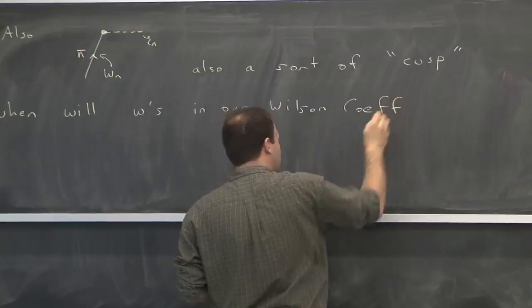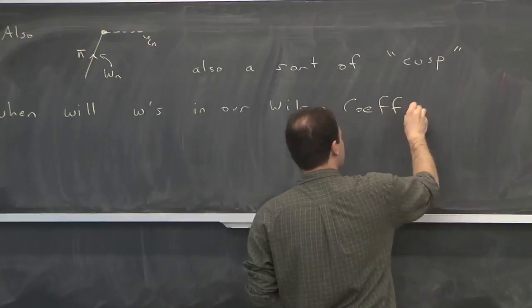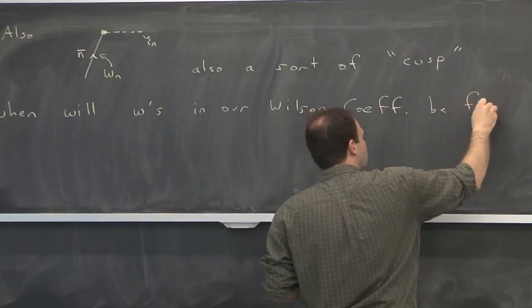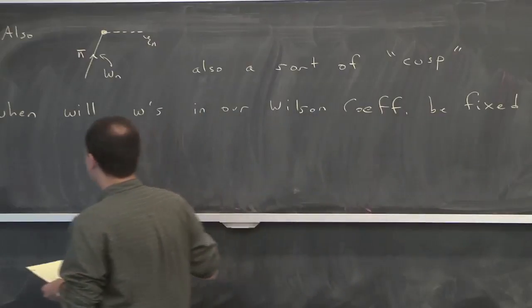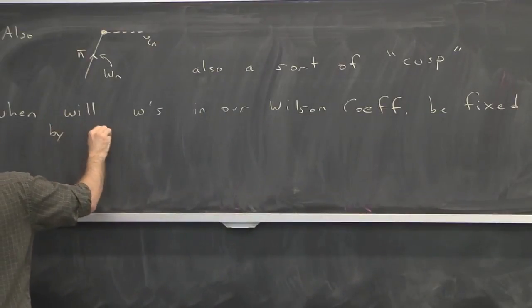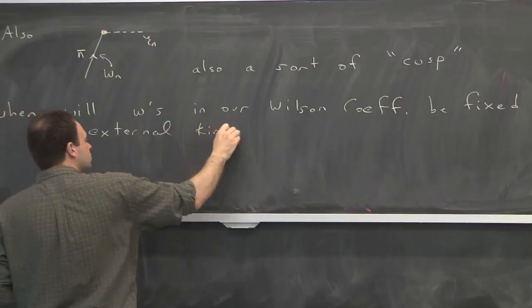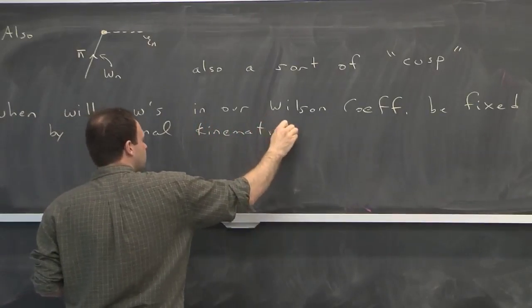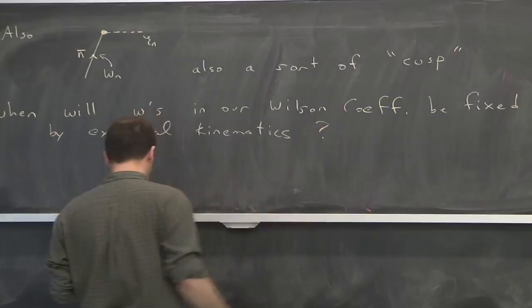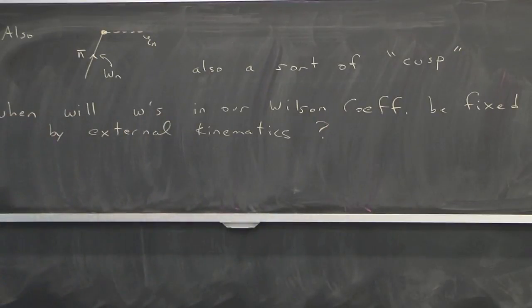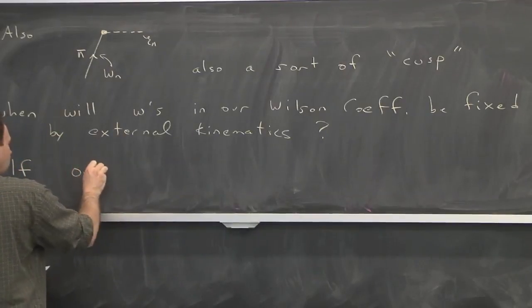So when will the W's that are showing up in our Wilson coefficients be fixed by external kinematics? And actually, that's going to happen in the following case. We can actually state when it will happen quite generally.